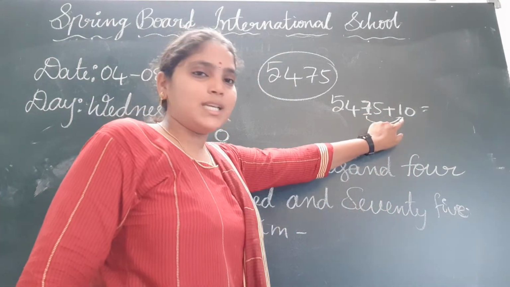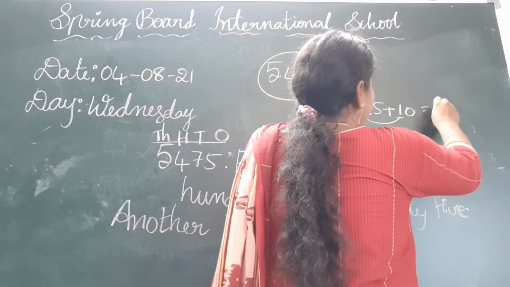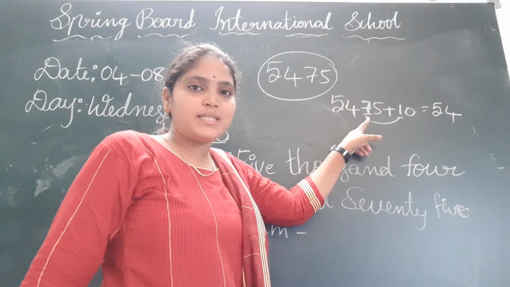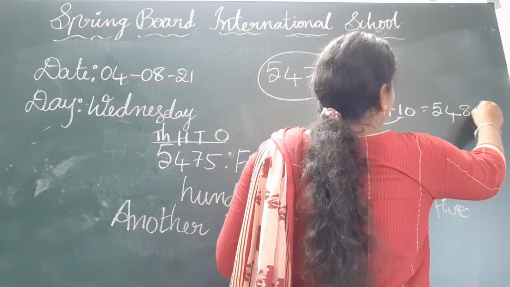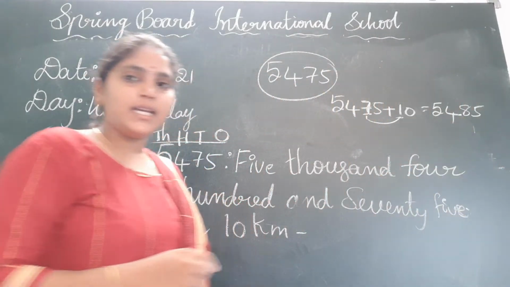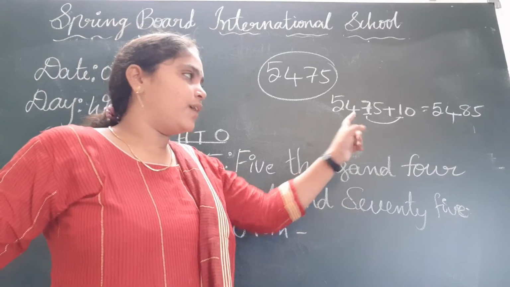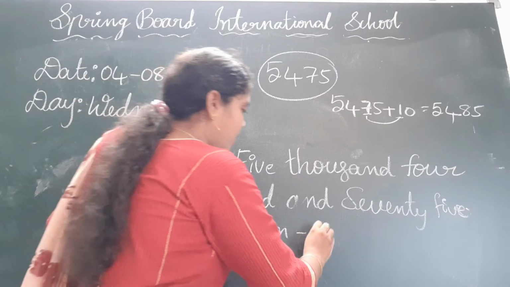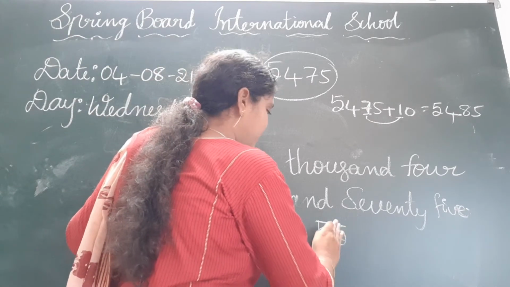So write my digits as 5, 4. In the tens place, 7 is there now. 7 plus 1 is 8, and 5. It's 5,485. So what will be the reading after 10 kilometers? 5,485.